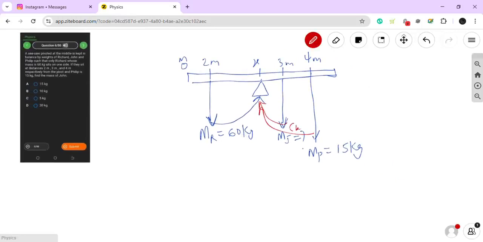This one is clockwise, this one also is clockwise, this is anti-clockwise, and I told you that your clockwise moment must be equal to anti-clockwise moment. So the clockwise moment that we have here is MP.